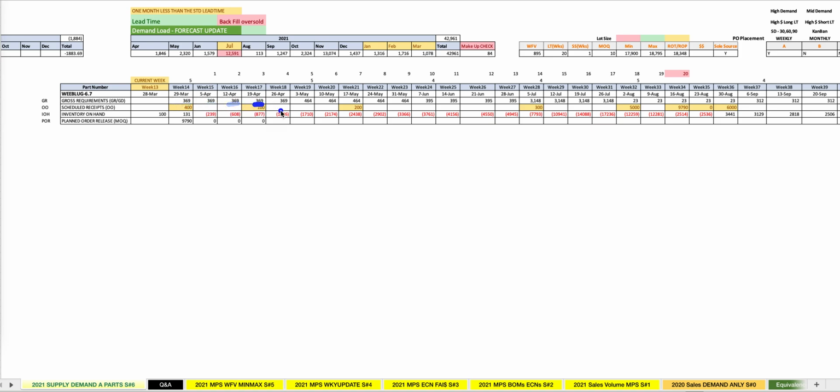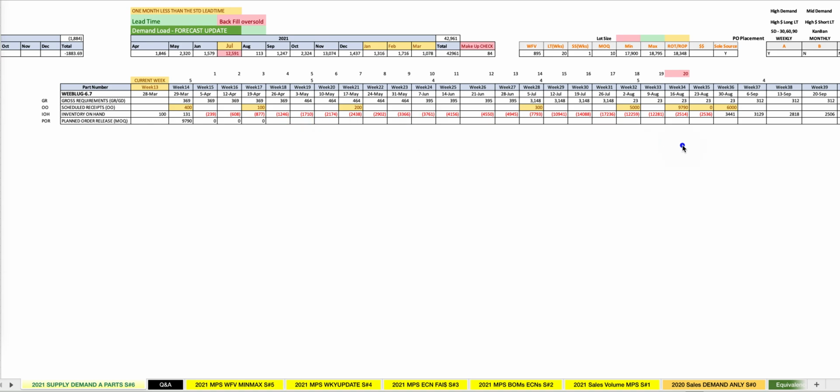In that scenario, you do these gross requirements flat, and then you go ahead and do May. May is a month of 5 weeks as well, these 5 weeks right here, and then you spread out that volume into these weeks, and so on and so forth.